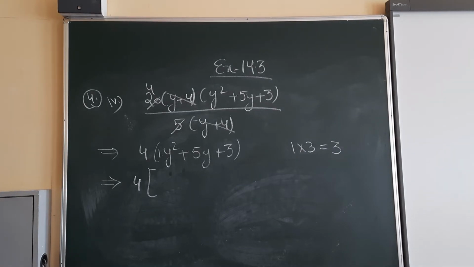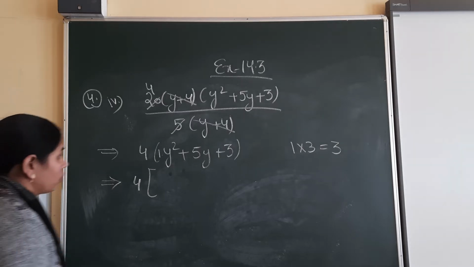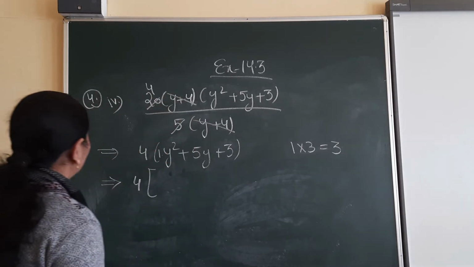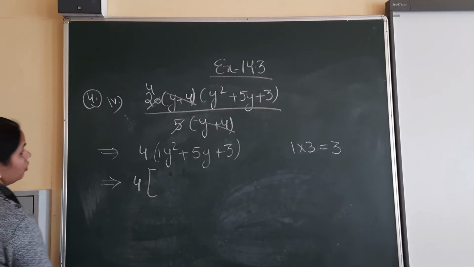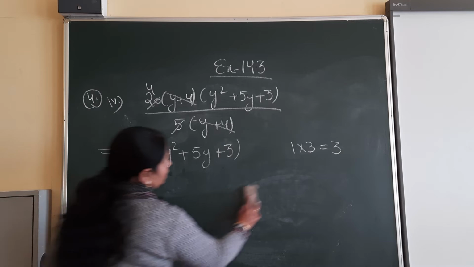Just let me check this is the answer or what. This exercise is focusing on question number 4, fourth part. Oh, this is the final answer only. So no need to do anything further, only this is the answer.